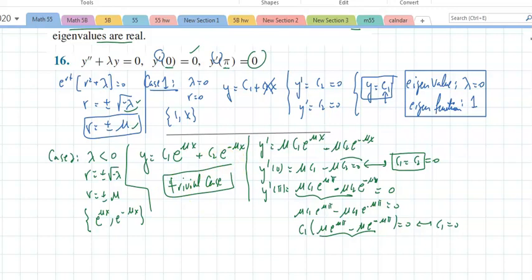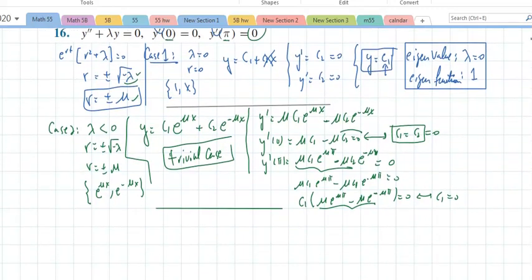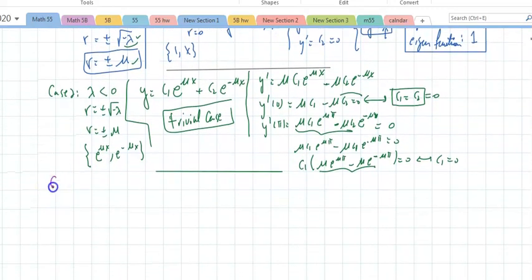Alright, and let me deal with the third case. Let's say in this case, case 3, lambda is positive.